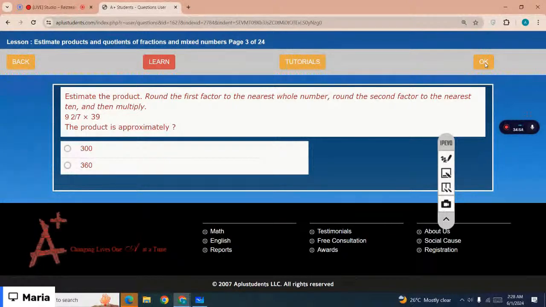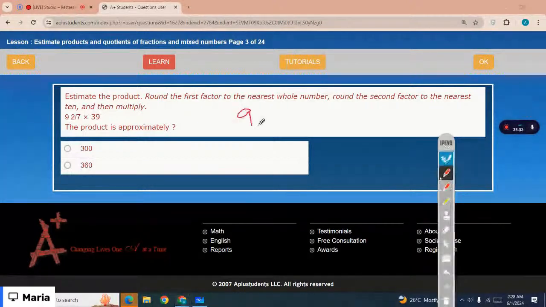So it would be rounded off to the same whole number. 9 whole 2 by 7 is rounded off to 9. And then you have 39. You need to round off 39 to the nearest 10. So it would be rounded off to 40. So 9 times 40 is 360. So the correct option is 360. Got it? Option number 2 is the correct option.